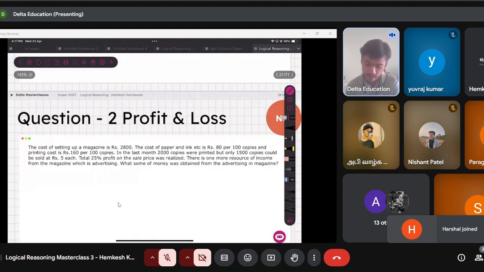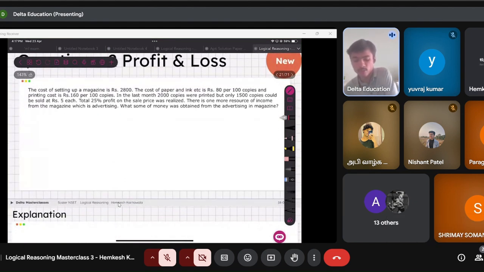Okay, let's move ahead. So again, take 2 minutes, solve this question. This is slightly calculative, but yeah, take 2 minutes.